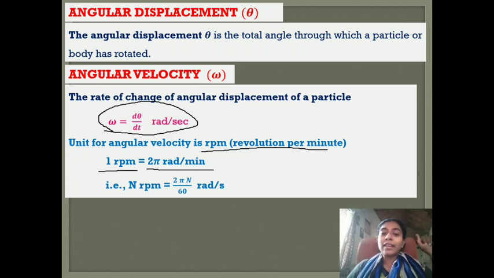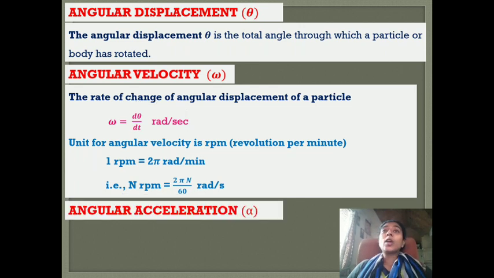So 1 revolution per minute is equal to 2 pi radians per minute. Now when it is n revolutions per minute, it is 2 pi n radians per minute. In order to convert it into seconds, it is 2 pi n by 60 radians per second.